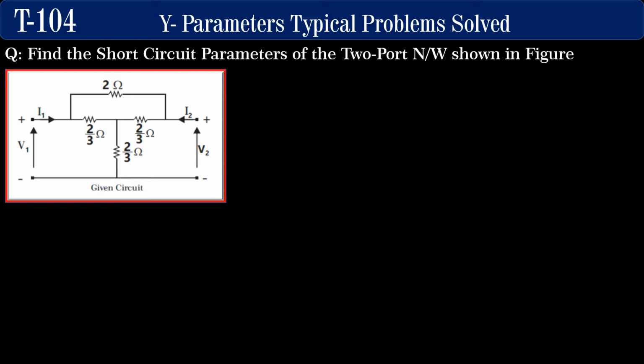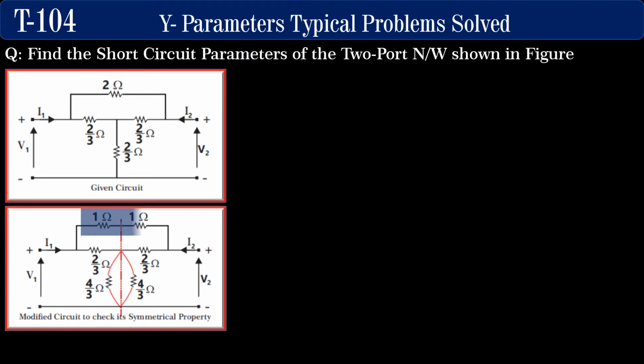To find whether the network is symmetrical or not, let us split this 2 ohm resistance into two resistances of 1 ohm each connected in series so that their equivalent is 2 ohm again. Similarly, split this 2 by 3 ohm resistance into two resistances of 4 by 3 ohm each connected in parallel so that their equivalent is 2 by 3 ohm again.